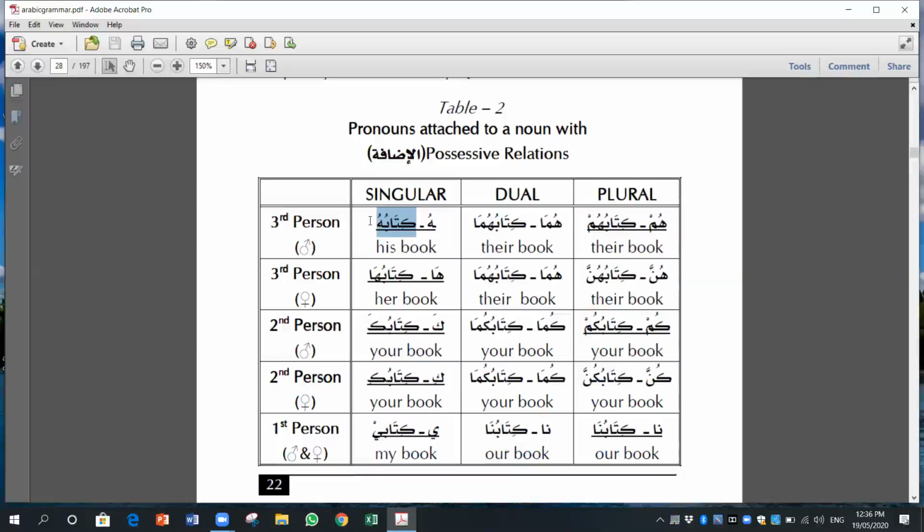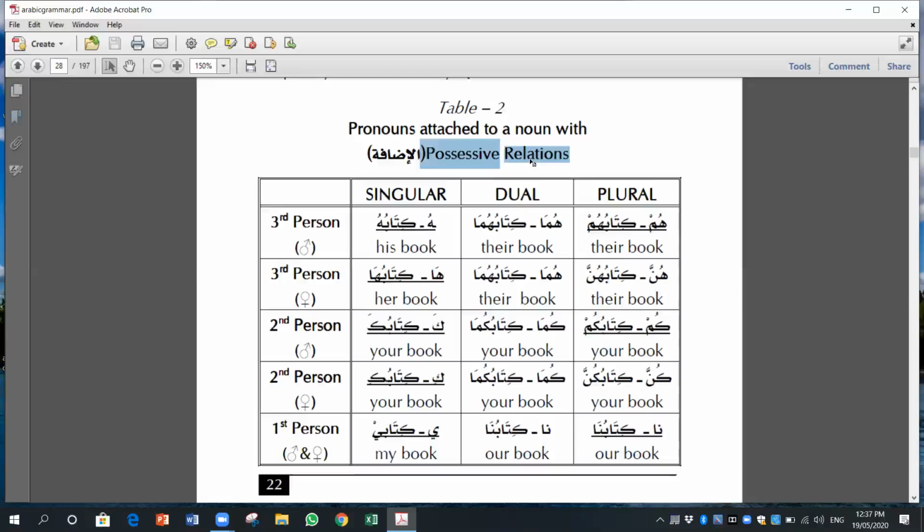The attached one separately will definitely not come. Now, kitabuhu becomes a possessive relation.